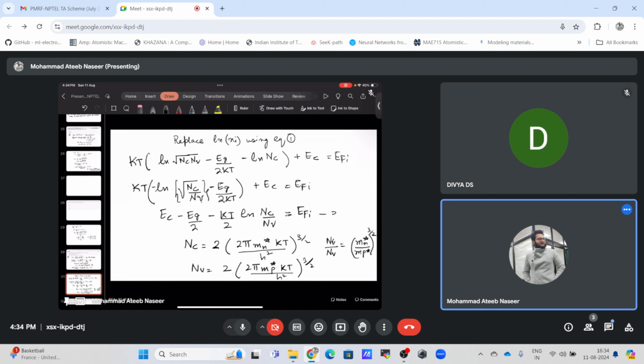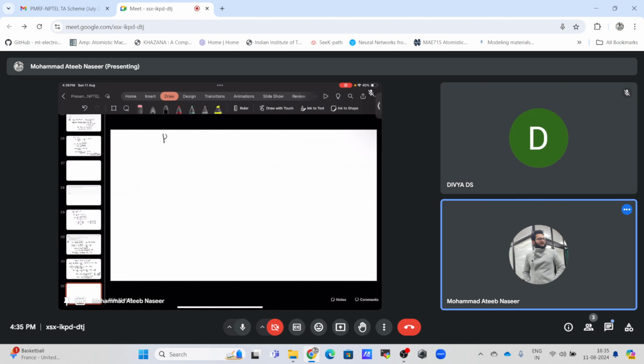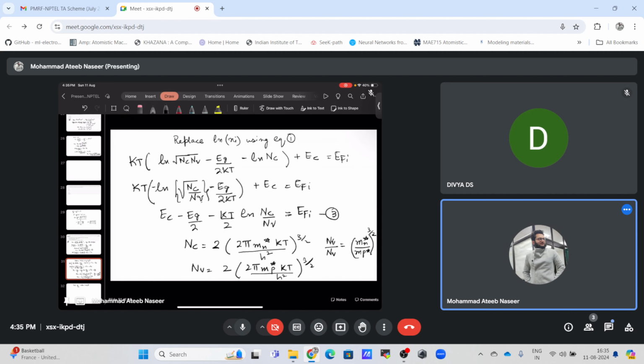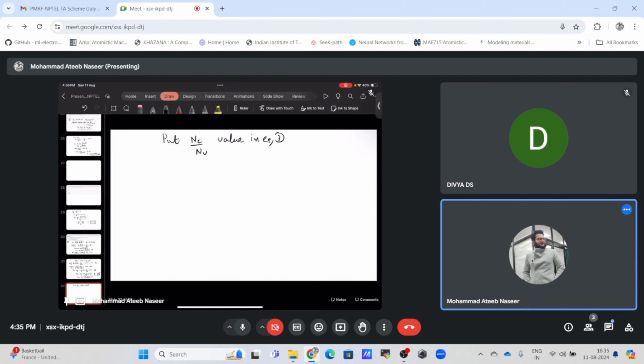So if I use this Nc by Nv value and put it in equation 3, what we will get is EFi equals Ec minus Eg by 2 minus 3 by 4 kT ln of mn star by mp star.